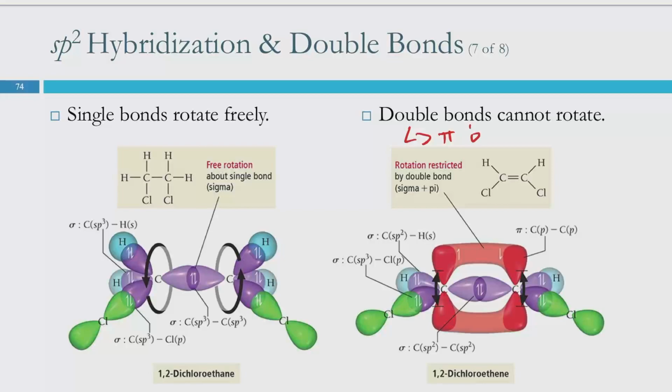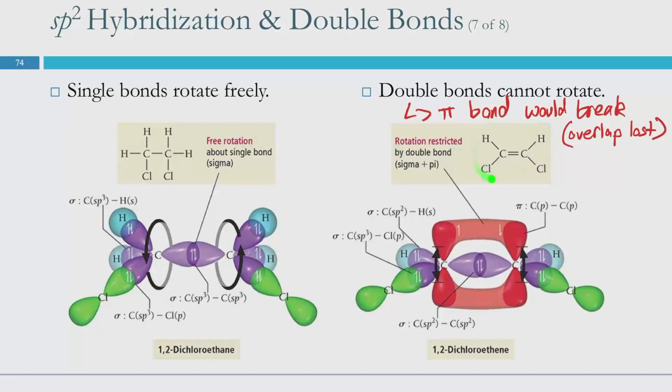So the pi bond would break because you lose overlap. So things that have double bonds can't rotate. Things that have single bonds can rotate.